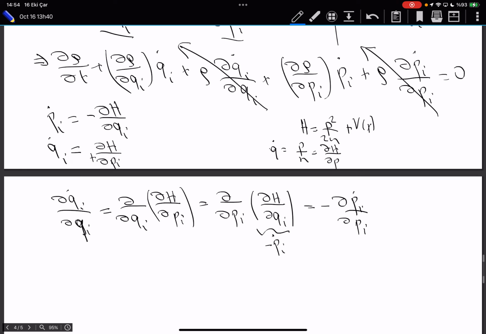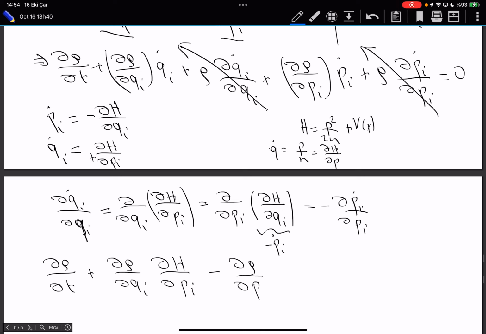I'm left with the other two terms: del rho by del t plus the derivative of rho with respect to q_i times q_i dot, which is the derivative of the Hamiltonian with respect to p_i, minus del rho by del p_i times the derivative of p_i dot, which is minus the derivative of the Hamiltonian with respect to q_i.